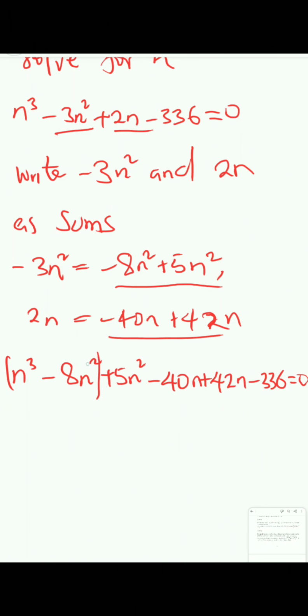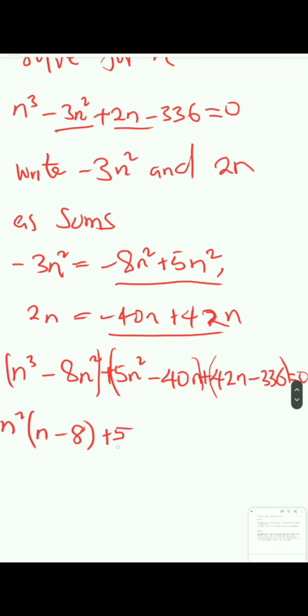Now we're going to group the first two terms, the second two terms, and the last two terms together, then factorize what is common. In the first group, n squared is common, so we remain with n minus 8 in parentheses. Then plus, in the second group, 5n is common, so we remain with n minus 8 (5 into 40 is 8).